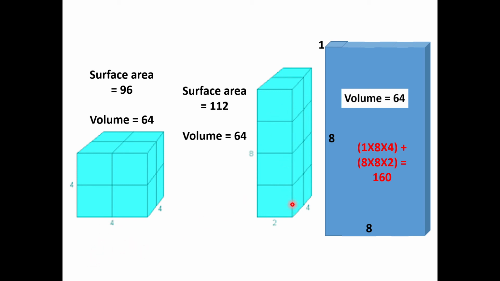The surface area to volume ratio of this one would be about 1.75 to 1, so 1 3/4 to 1. The surface area to volume ratio of this one would be 2.5 to 1. So this one, 2.5 to 1 compared to the original 1.5 to 1, is a much larger surface area to volume ratio.